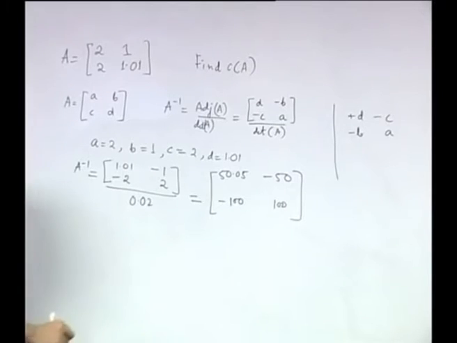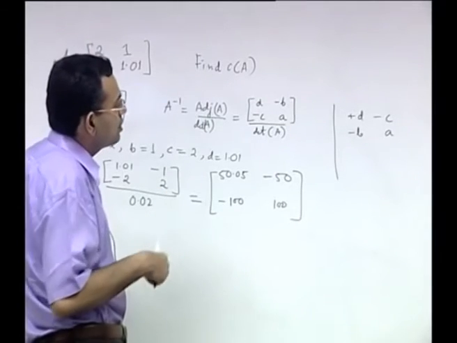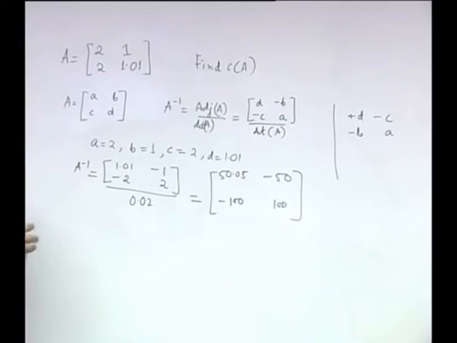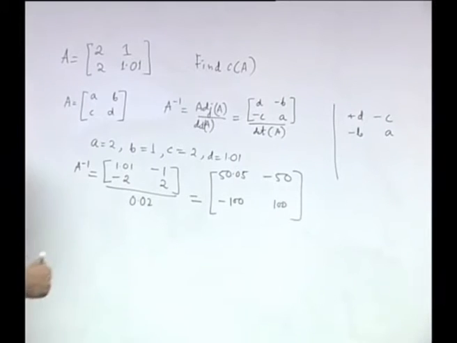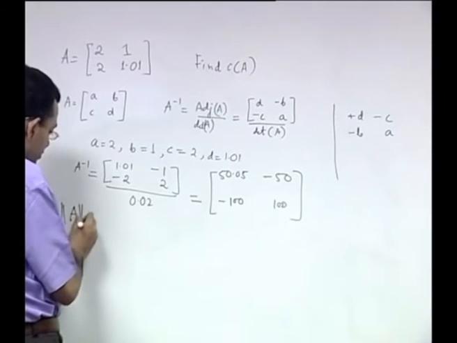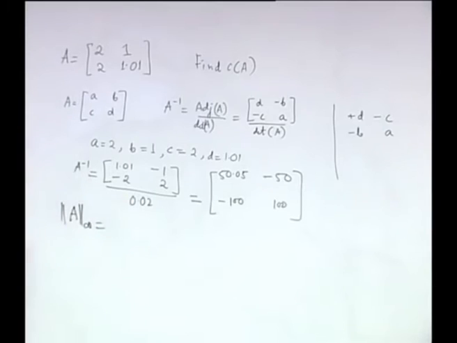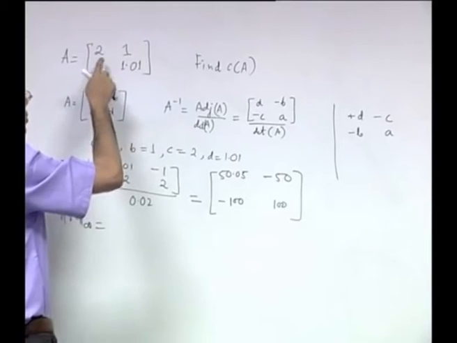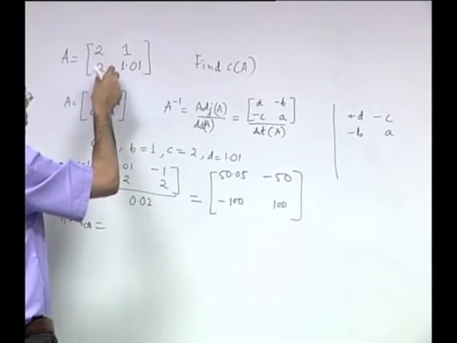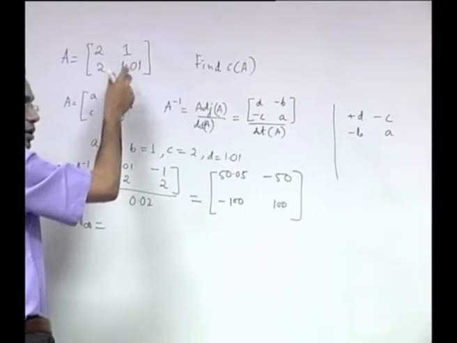For finding the condition number you can calculate different types of norms, but one can use the infinity norm as one of the standard reference norms that people commonly use. So, the infinity norm for A, what is that? The infinity norm is the maximum row sum norm. Out of the two rows, which row gives the maximum sum of the magnitudes of the individual numbers?